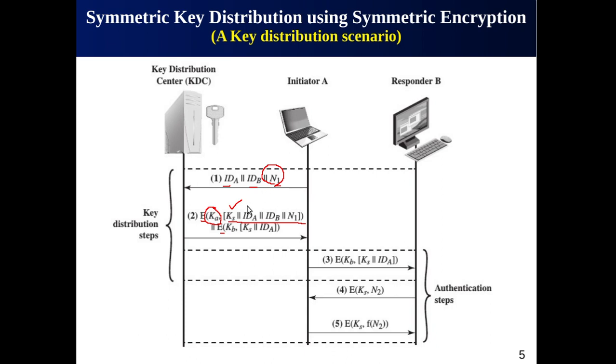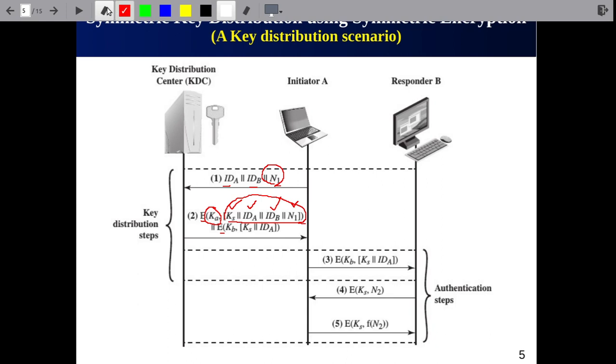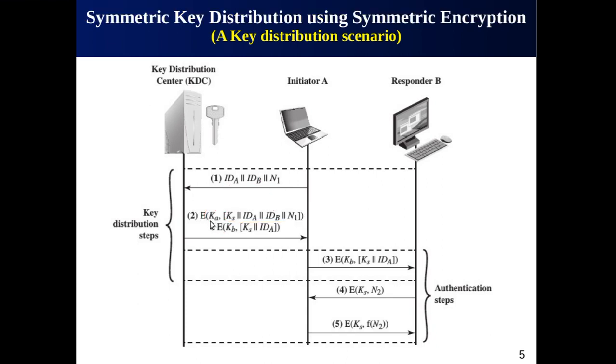Besides this key, we have the identity of A, the identity of B, and the response to the nonce, or the unique identifier. All these things are in encrypted form, encrypted with the shared key of A. Okay, so this is important.